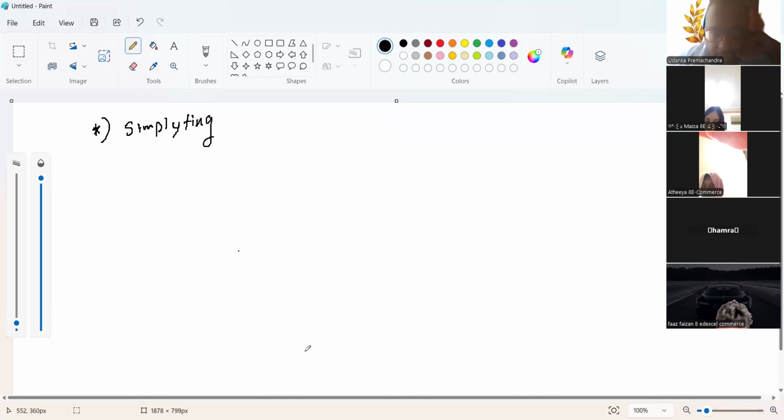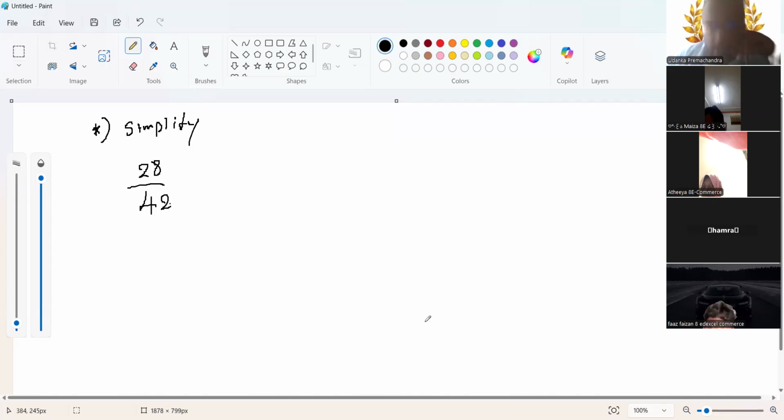Here I take the example 28 over 42. Which value can I divide both the denominator and the numerator by? Let me know.